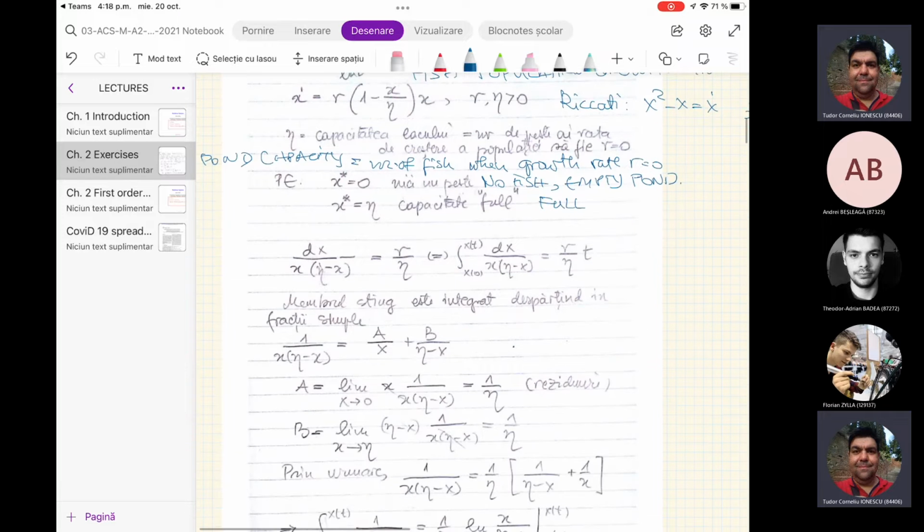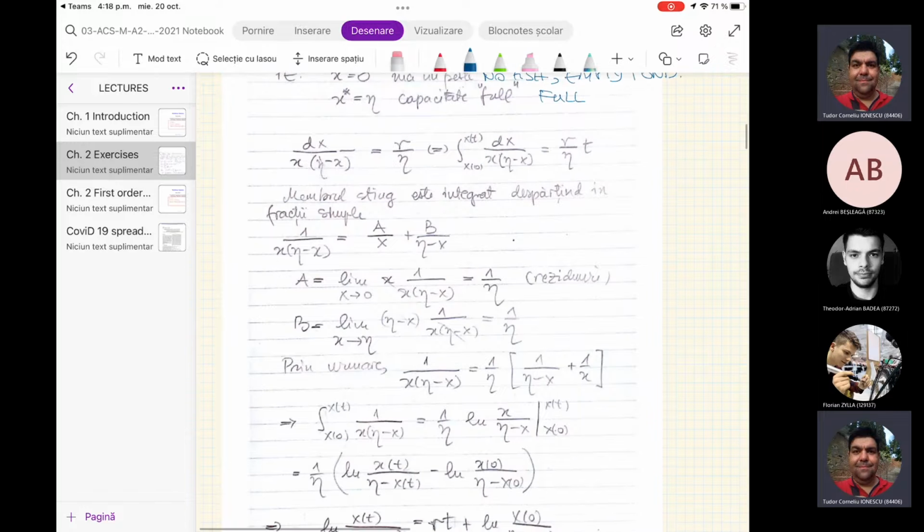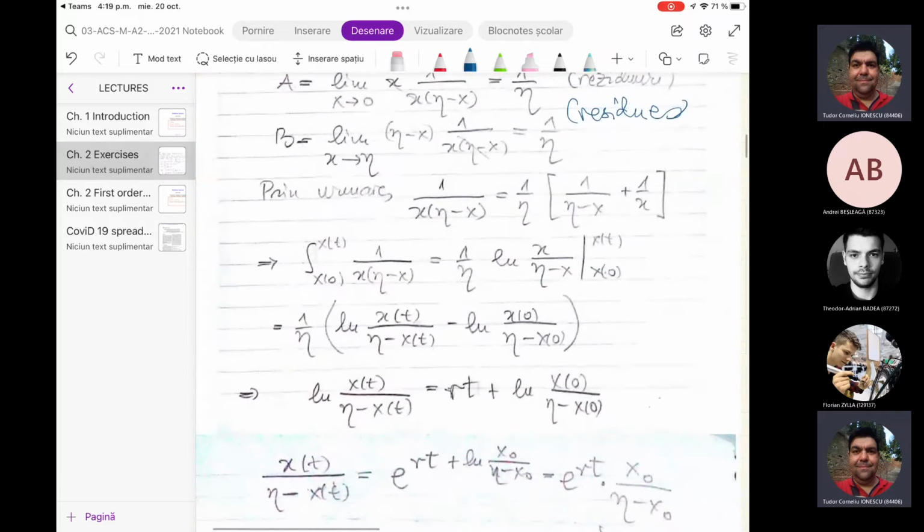Okay, and again separation of variables, and here you have all the explicit computation. Of course, the left term you use simple fractions to solve it. Okay, and here is how to solve the simple fractions using residues. Okay, this is some math stuff.